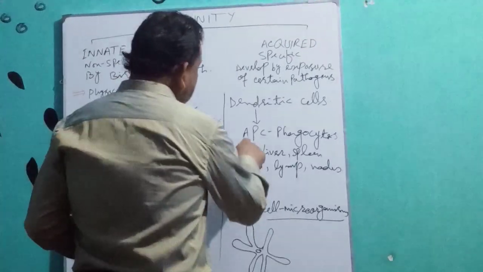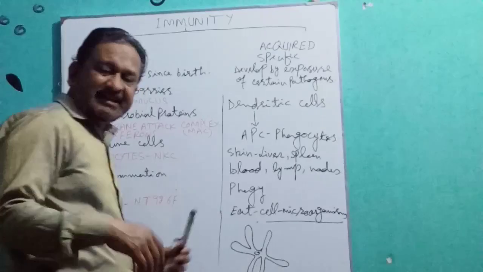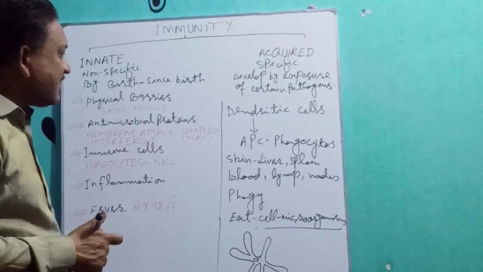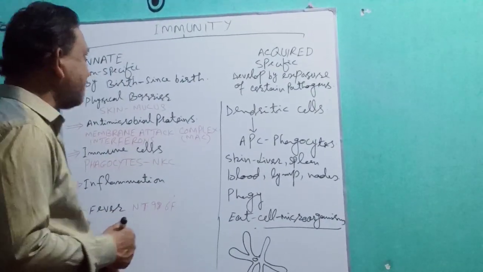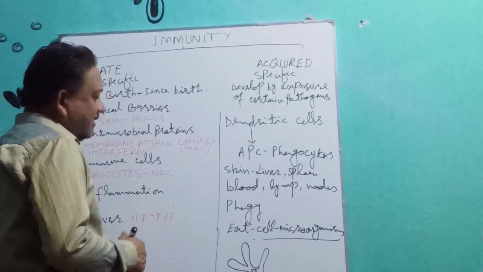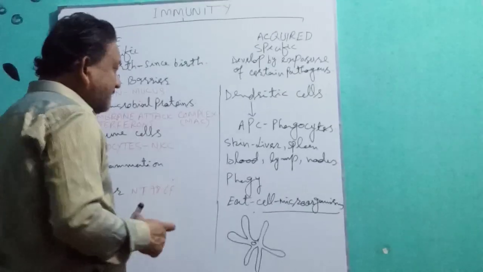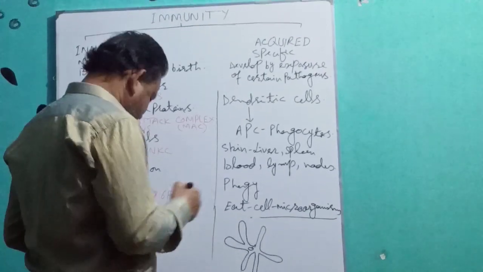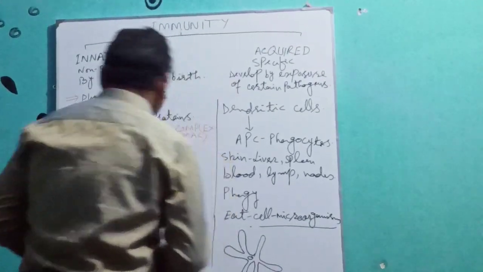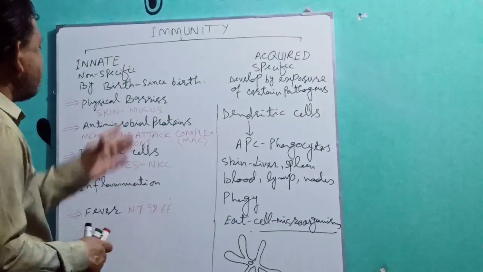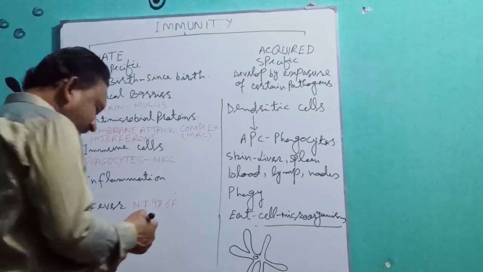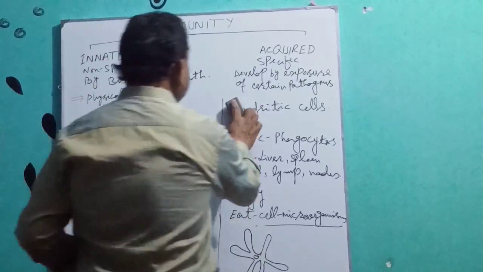They are also antigen presenting cells, which we will discuss later in adaptive immunity. This is the skin, and the second one is the mucus.